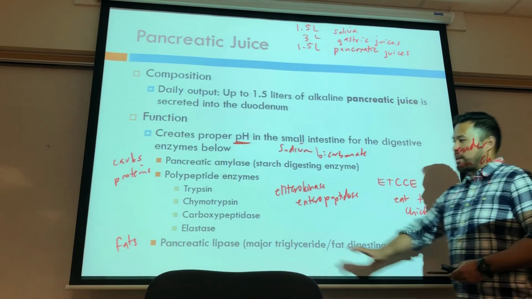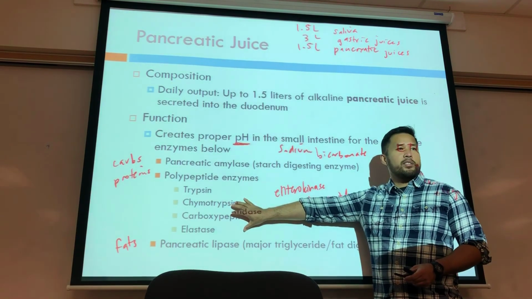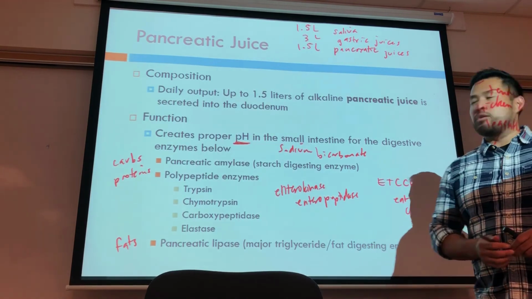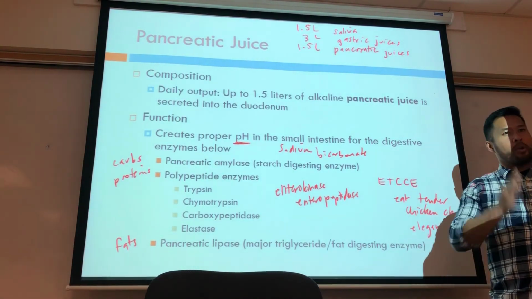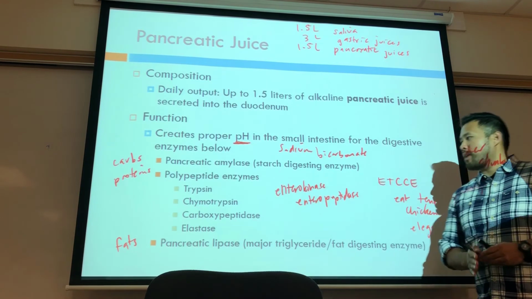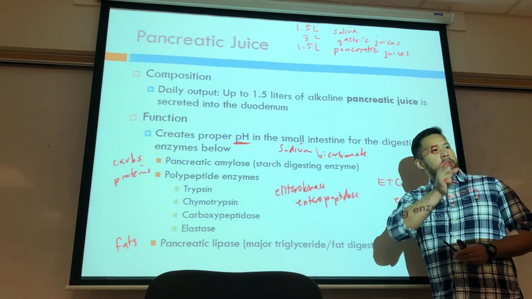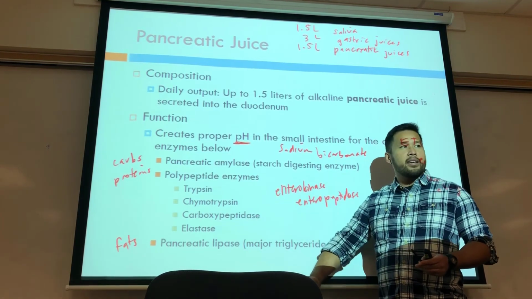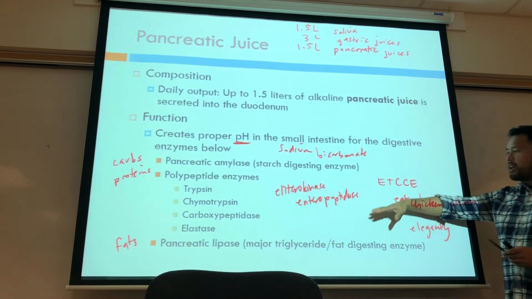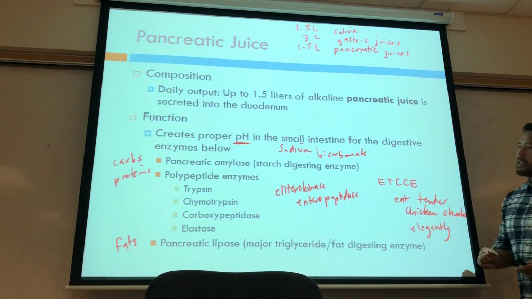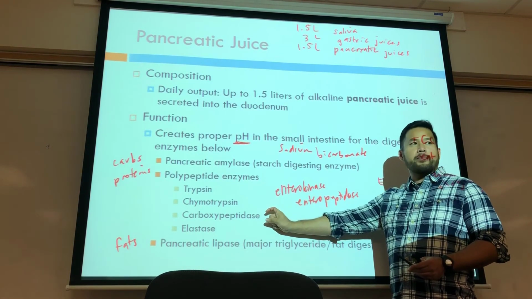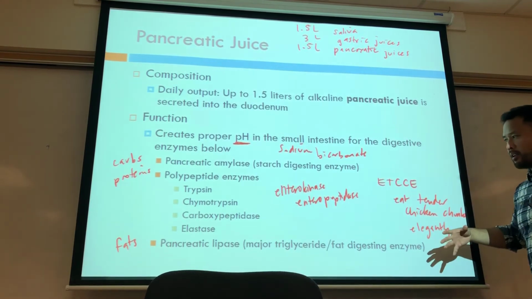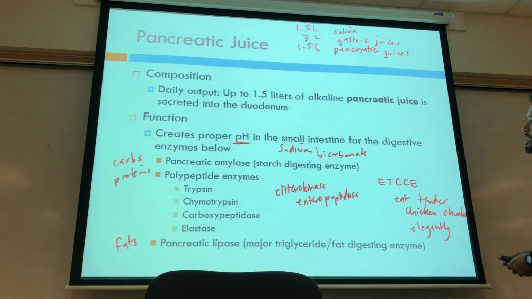And I won't really go into the main differences of all these. The main 4 right here, the whole purpose of this is really just to digest your proteins. You have long proteins from the food you've just consumed, and we want to be able to break that down through catabolic reactions into smaller peptides. Then as that food travels down the small intestine, we're able to take those small peptides, absorb them into our bloodstream, and then construct bigger proteins from that.